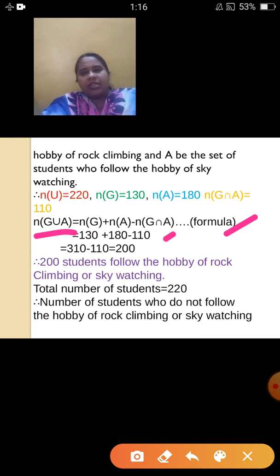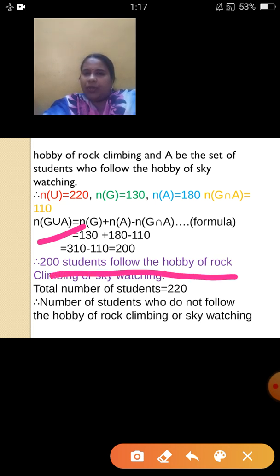So when I add this, I get 310 minus 110, that is 200. Understand very carefully. 200, what is this number? 200 are those students where I have found out union. Union means or. So 200 students follow the hobby of rock climbing or sky watching.